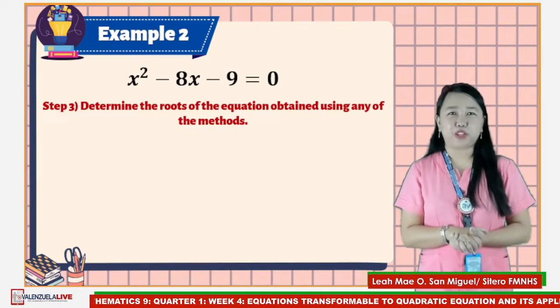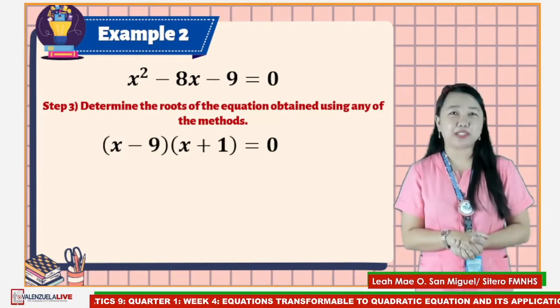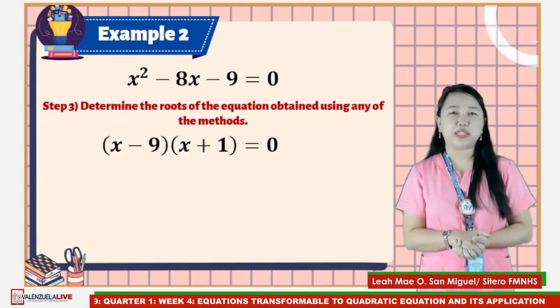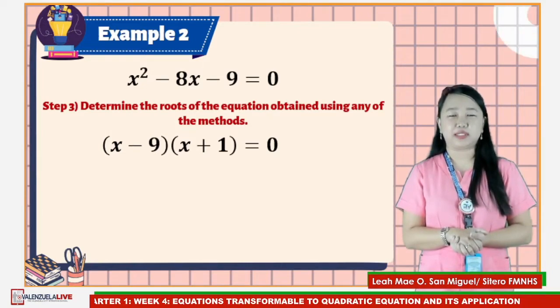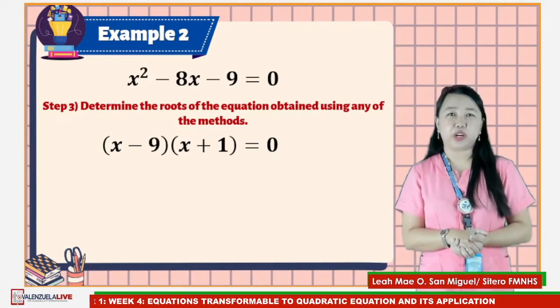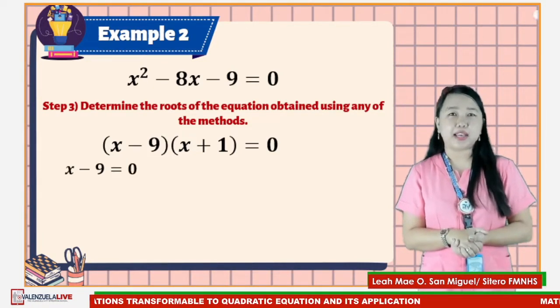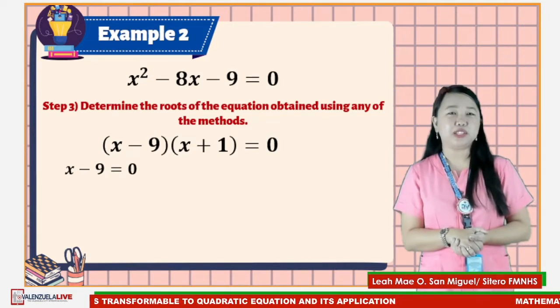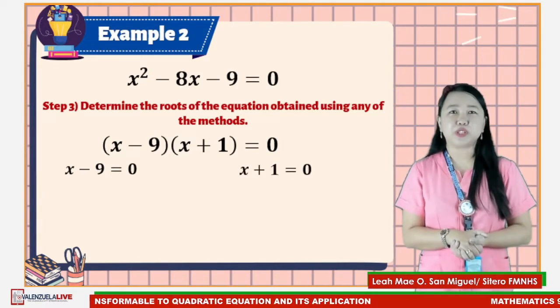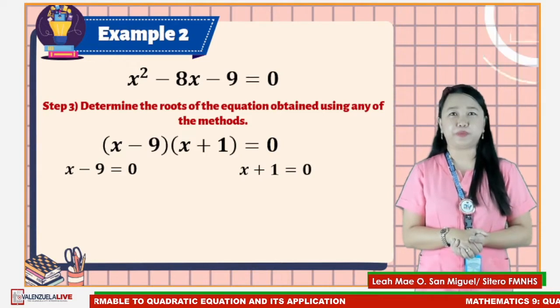Exactly! The factored form is x minus 9 times x plus 1 is equal to 0. Separate the two factors and equate each to 0 using the zero product property. We have x minus 9 is equal to 0 and x plus 1 is equal to 0.